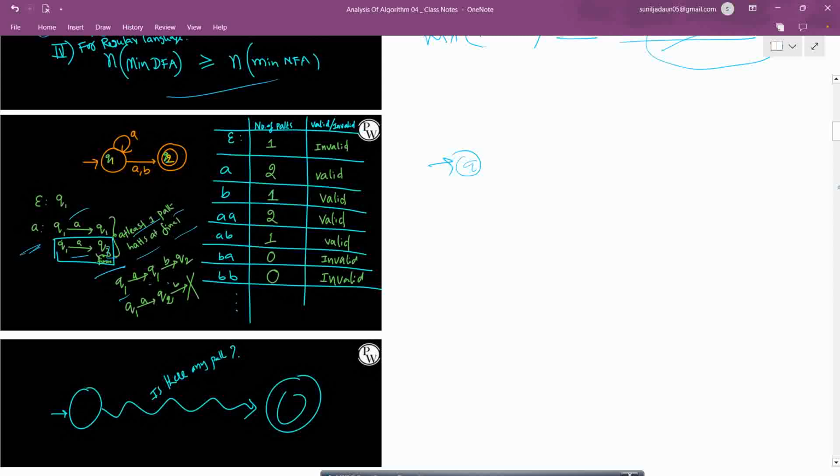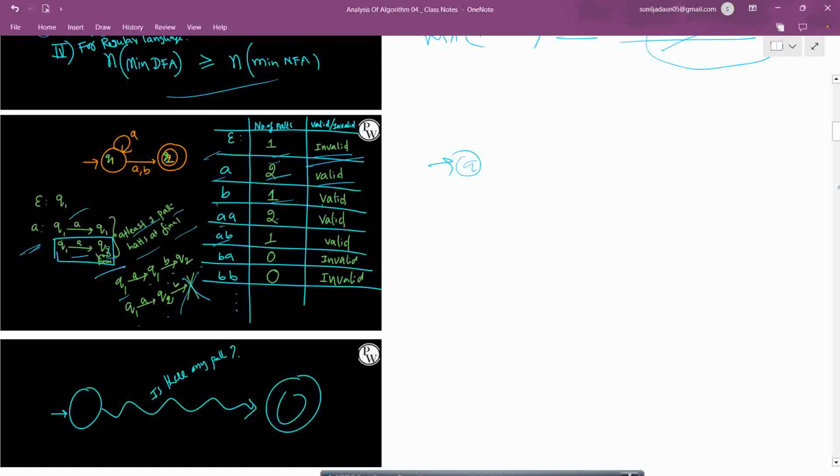Q1 on A goes to Q1, on B goes to Q2. They do not expect B here. So number of paths: 1 invalid, 2 valid. For B, 1 valid path. For epsilon, 1 path, invalid. For A, 2 paths, 2 valid paths.